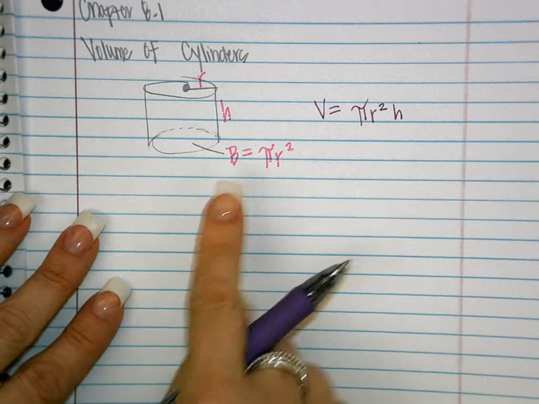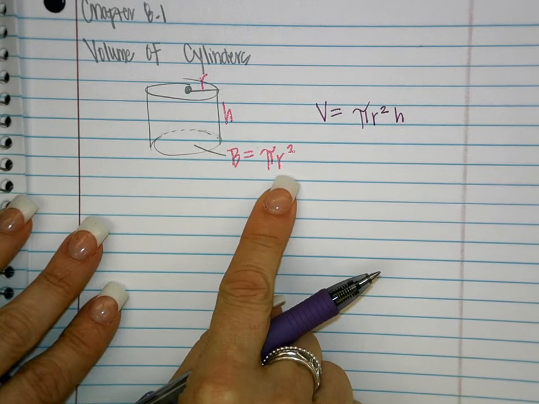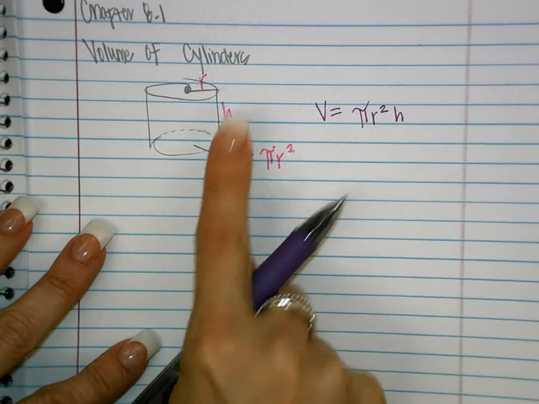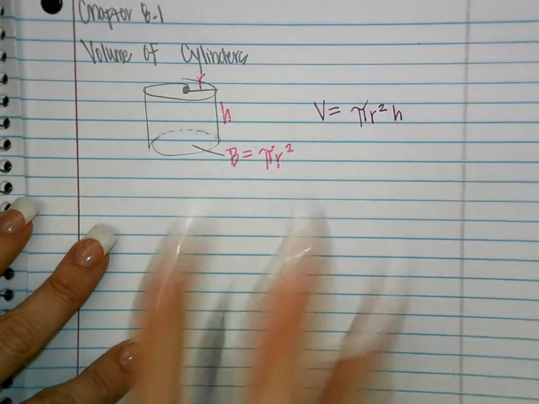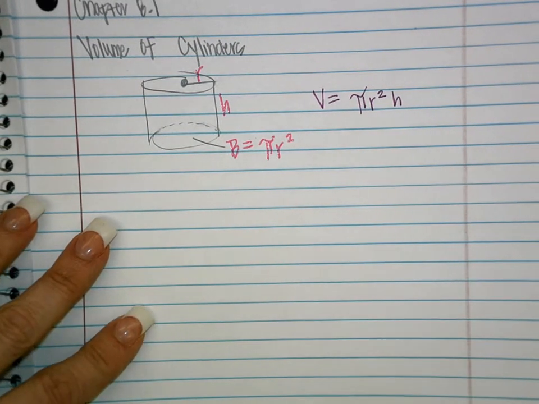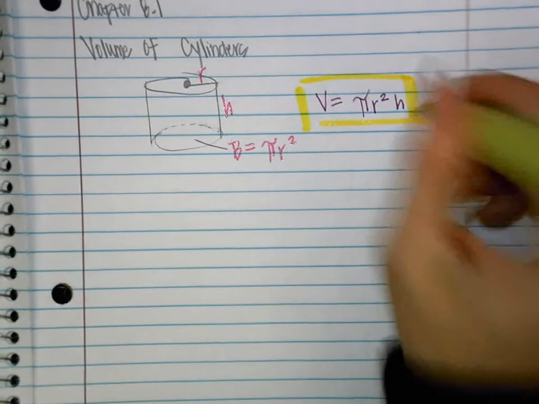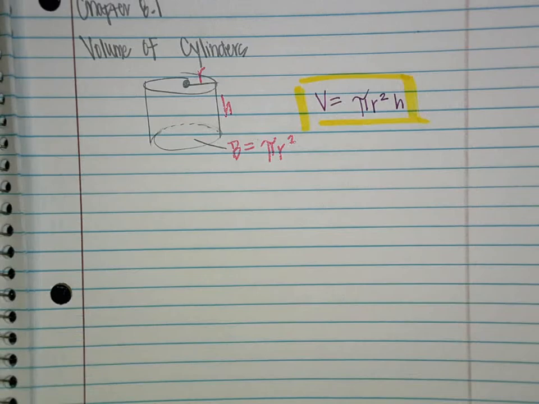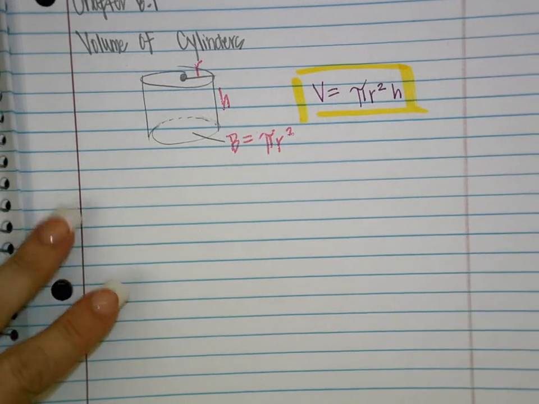To find the area of the base, you have to know what the radius is. To find the volume, you have to know what the height is, and you're going to multiply these all together. That radius length is still very important. This should be fairly simple. I know you guys have done this before, maybe in 7th grade or 5th grade, probably in elementary school, but I don't know.